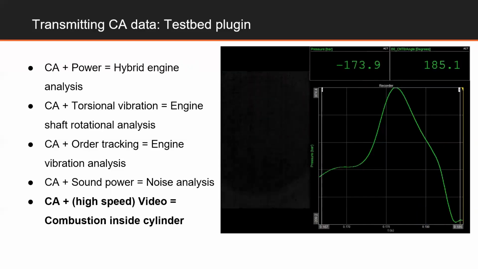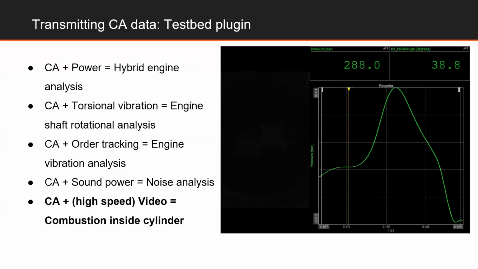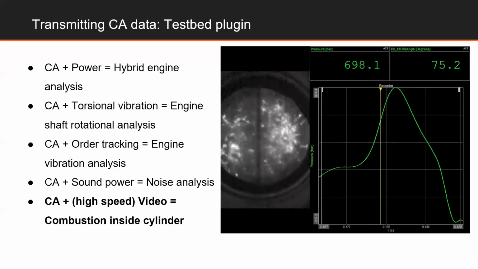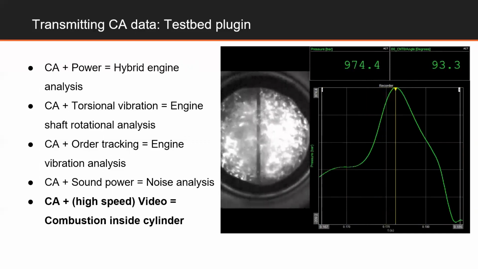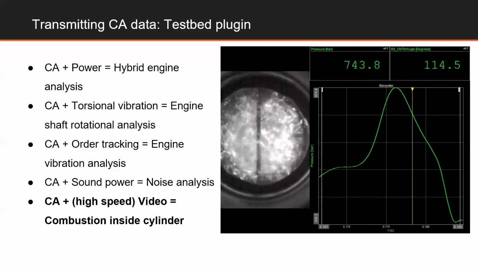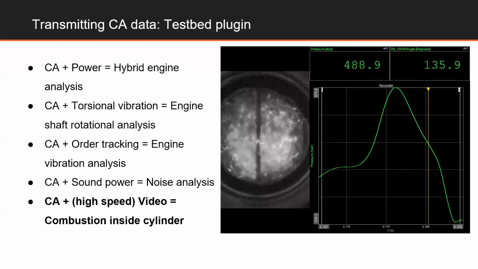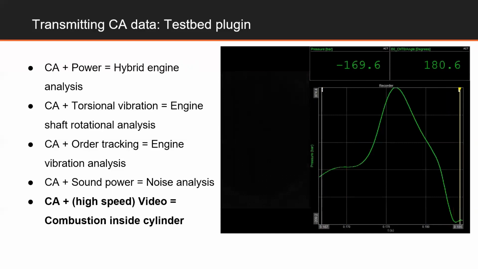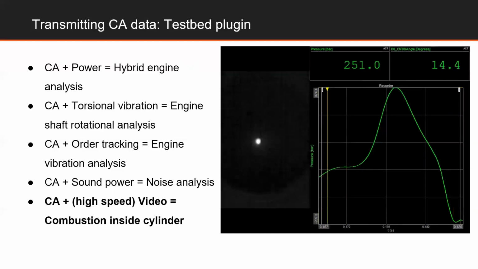Then you can immediately do shaft rotational analysis and torsional vibration. If you add just one accelerometer on the engine, you can immediately do order tracking of the engine and see where you have some harmful frequencies in the engine. If you add a microphone, you can immediately do noise analysis by using Sound Power plugin.